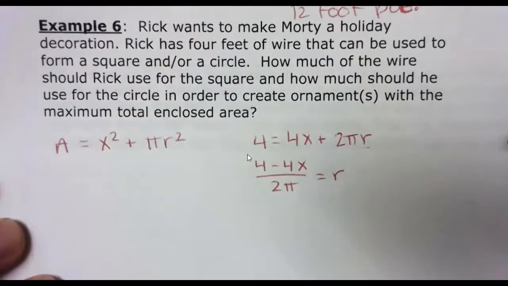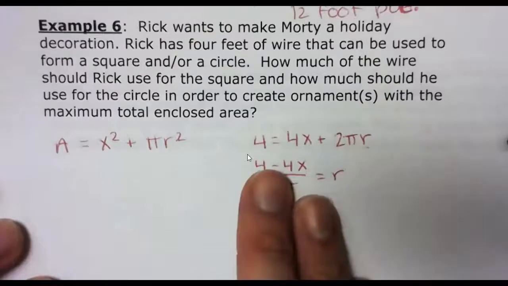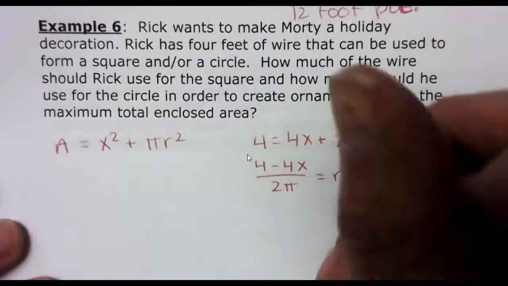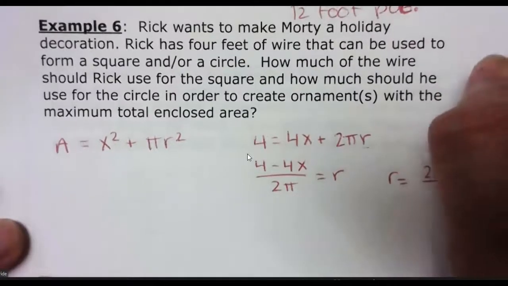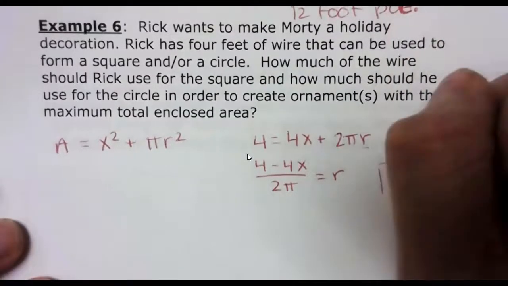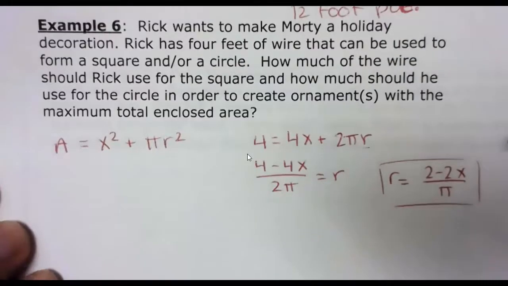So I get that r is equal to 4 minus 4x over 2 pi. If you wanted to, you could simplify or reduce that down and say that r is equal to 2 minus 2x all over pi by taking out a factor of 2 from each of those.